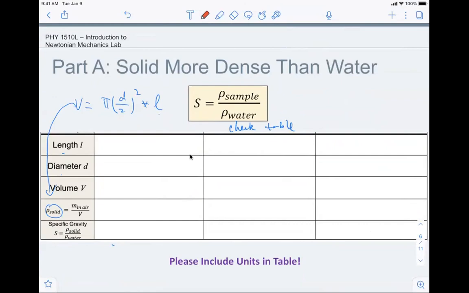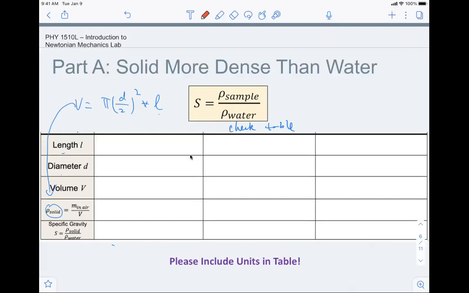So mass divided by volume gives us the density. And you can use the density divided by the density of the water as the specific gravity of the material, right? So this is sort of a check of your results using Archimedes' principle.